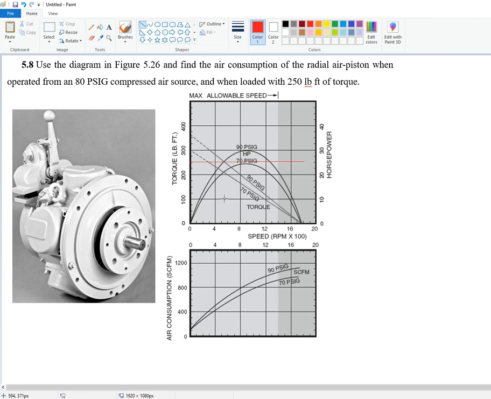And then I'm trying to get this parabola. I'm switching to pencil, and I want to get, assuming that's a curve right in between, the one for 80 psig. Okay, and I have the intersection point.